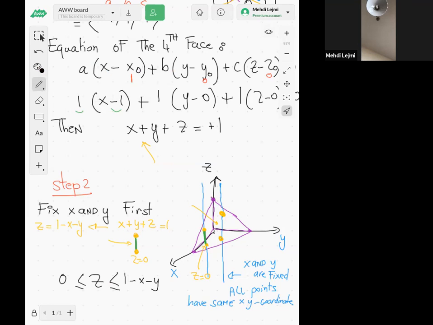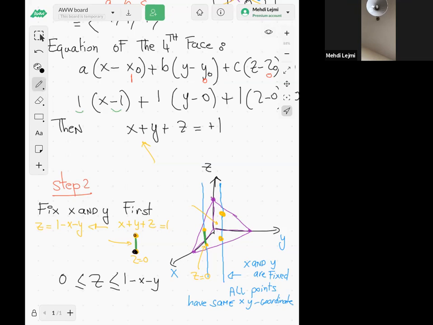Again, guys, what I did here was fix my X and Y. Once you fix an X and Y, you have this perpendicular line to the XY plane, and it would intersect your solid at 2 points. Then you have to find the equations where these 2 points belong. The point at the bottom belongs to the plane Z equals 0.